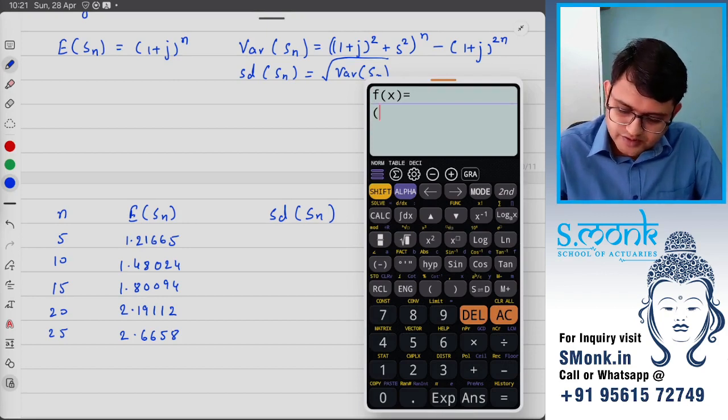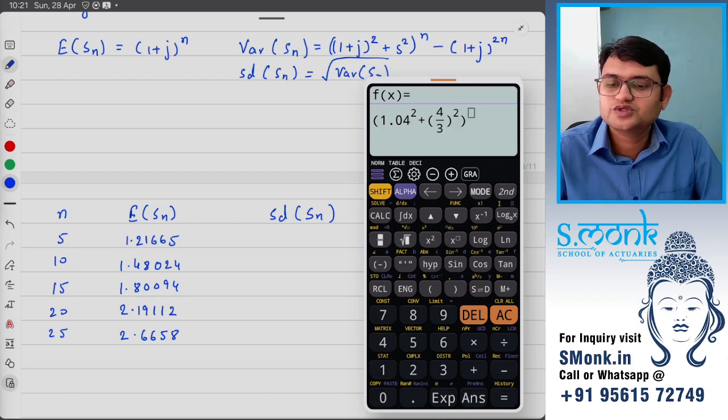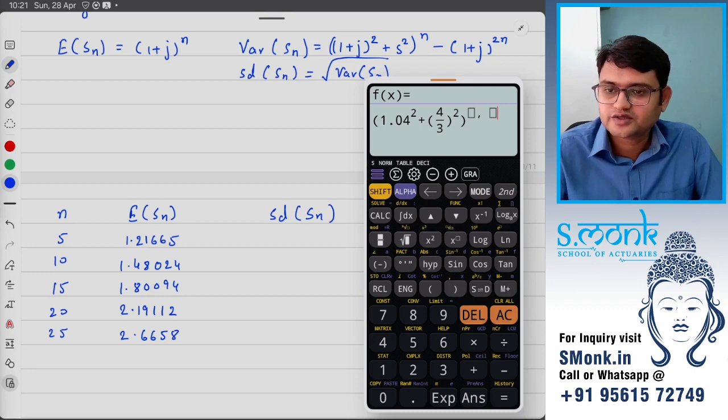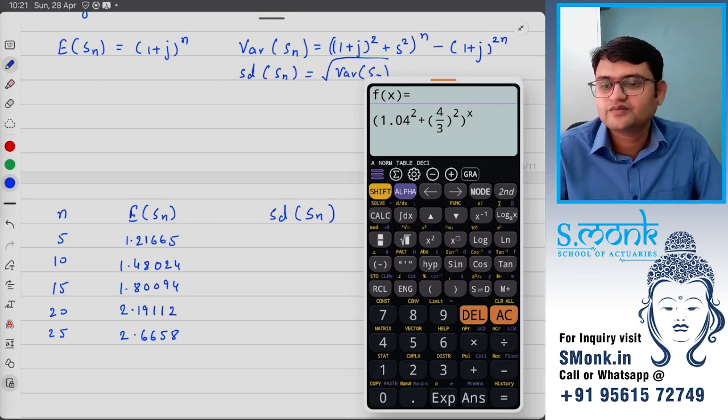So bracket 1.04 square plus bracket 4 by 3 bracket close square, bracket close, and this would be raised to, I will use the x value. X would be alpha and closing bracket. Alpha and closing bracket will give me x, right?